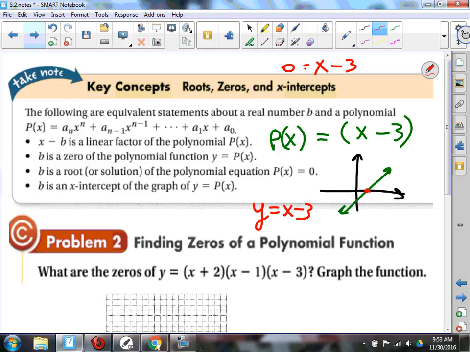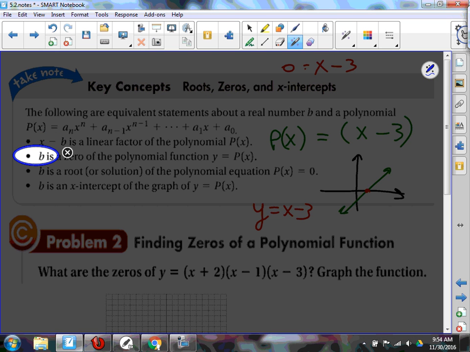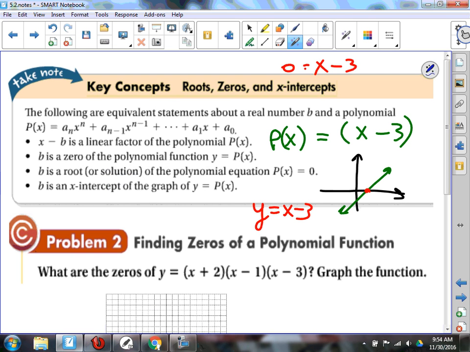So the authors of the book, and me, want you to realize if x minus b is a factor, b is a zero, b is a root or solution, b is an x-intercept. They want you to realize that those terms are interchangeable, and also that there's a counterintuitive nature to these roots, these x-intercepts, these zeros, these solutions.